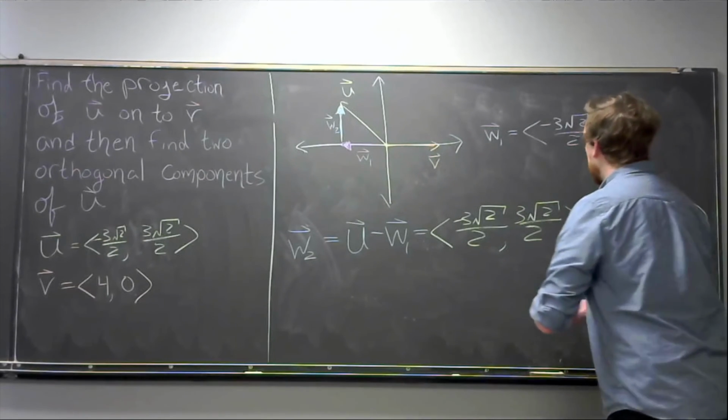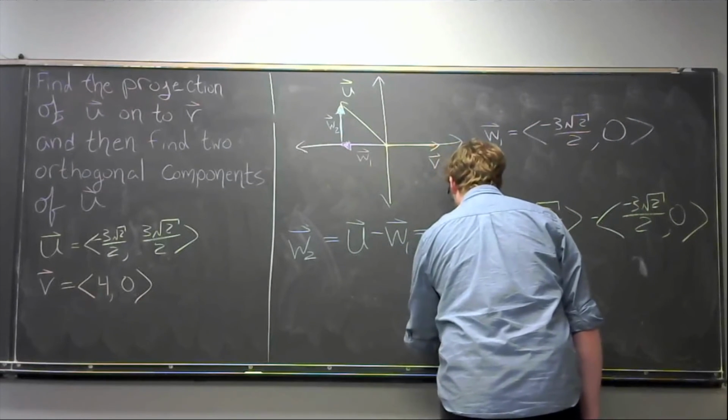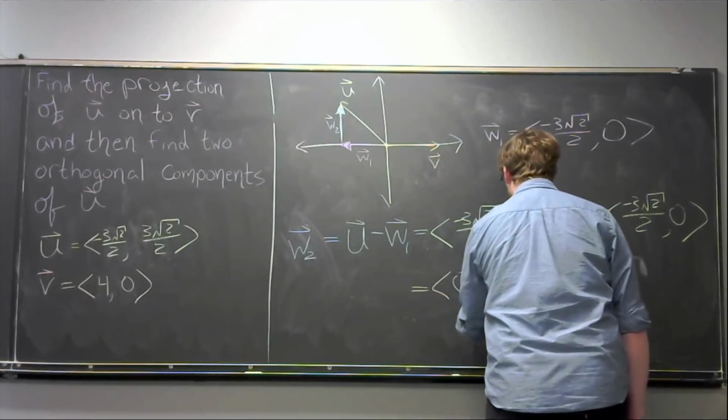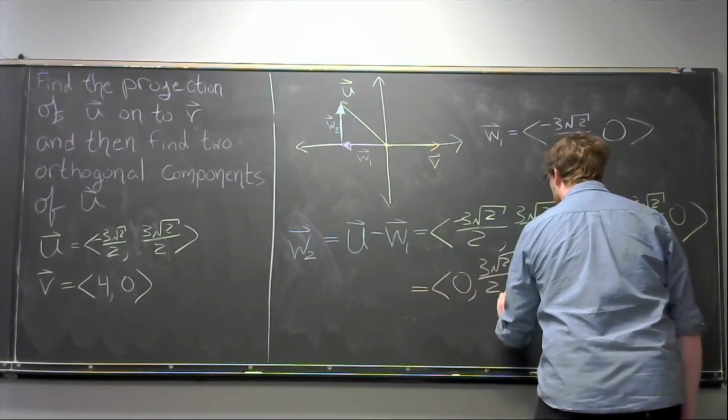And this is going to be equal to 0 comma 3 times the square root of 2 over 2.